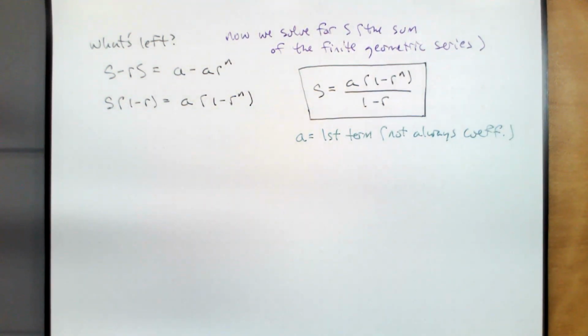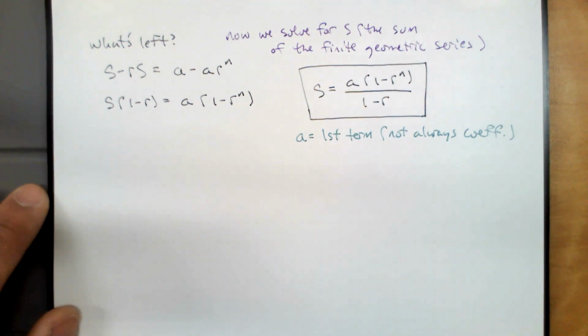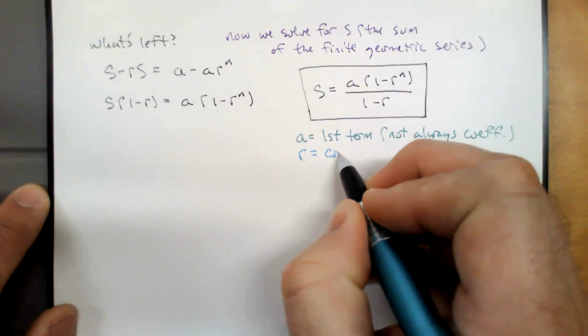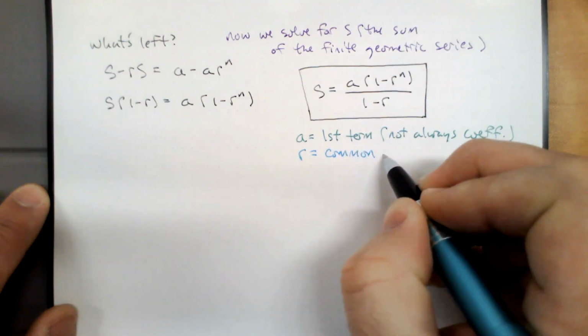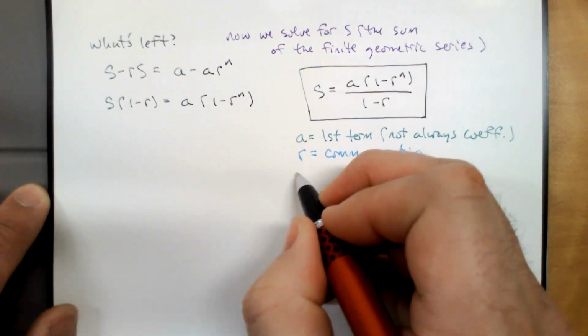So A is the first term of the series, not necessarily the coefficient that we see in all the terms. So A is specifically the first term of the series. R is the common ratio. And N is the number of terms.